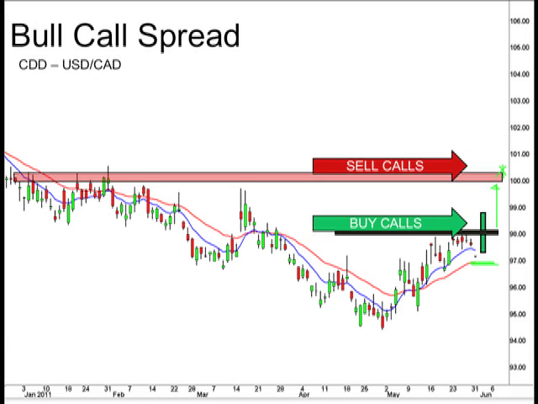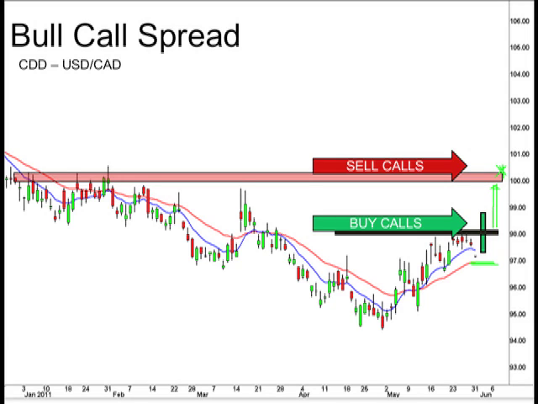So we're using the price chart to map out an area where it would be an interesting consideration for selling call options. So our expectation is that we're going to buy calls down here at 98, and those calls are going to generate an intrinsic value. And then we're going to sell off these 100 to 101 call options.